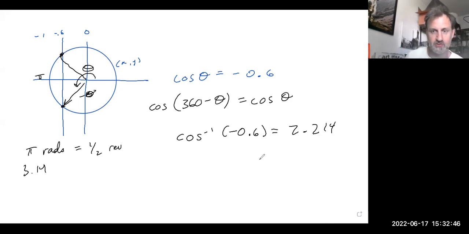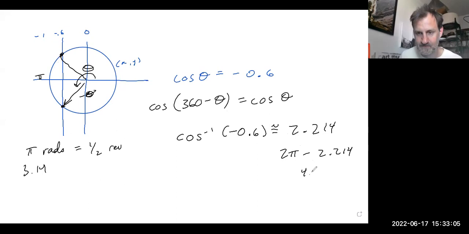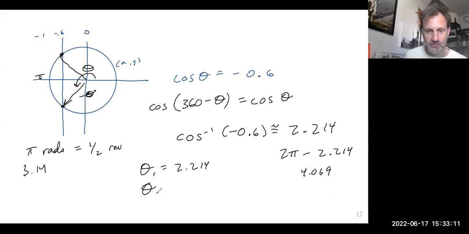So the other solution then would be not 360 minus this, but 2 pi minus this. Okay, so let's see what that is. 2 pi minus 2.214. I got a pi button on my calculator, 4.069. So now I have two solutions, theta 1, 2.214, theta 2, 4.069, and I can have as many solutions as I want.